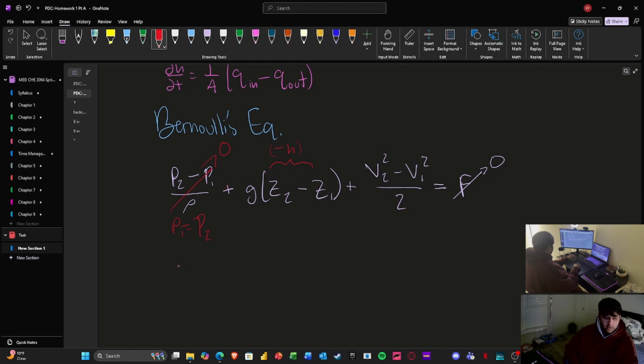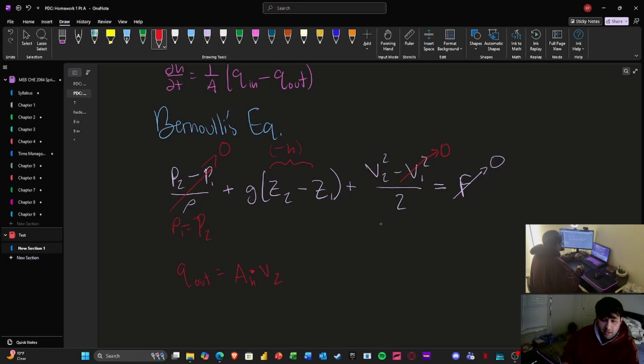I can also just write down what Q out would be. It's the cross-sectional area of the drainage hole multiplied by the outlet velocity, which is the second velocity that we see. And we're going to count this as negligible or 0.